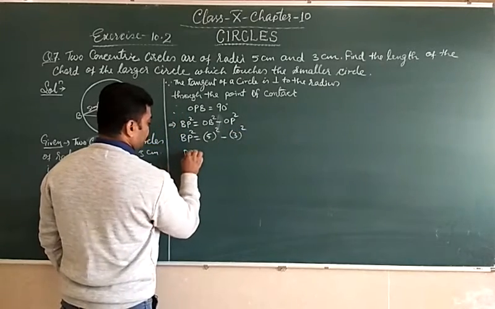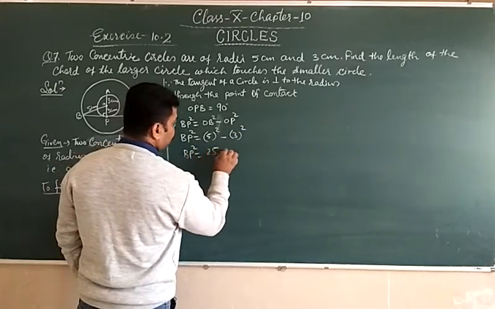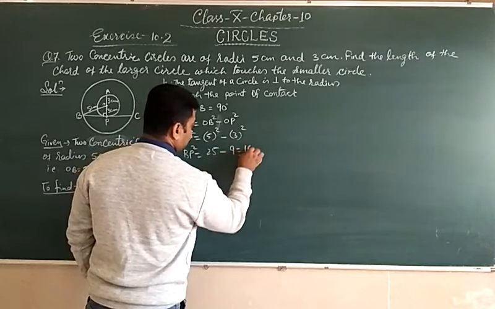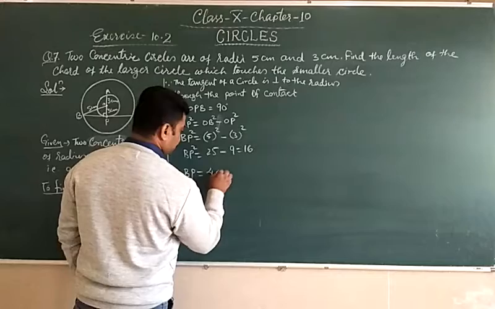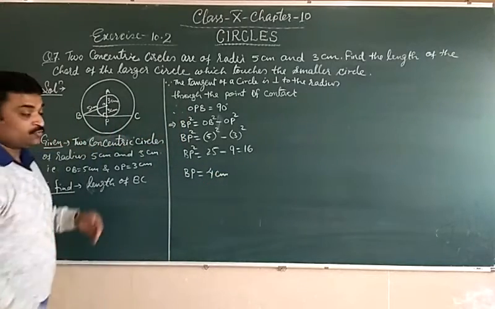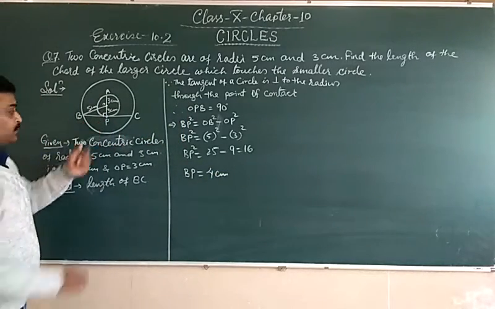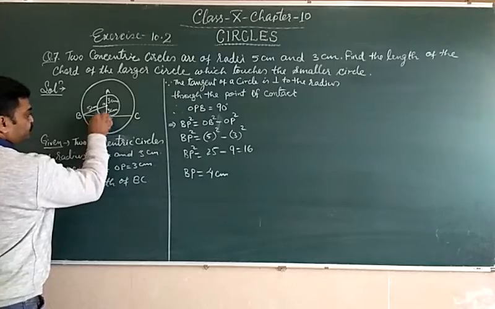So BP square is equal to 25 minus 9 equal to 16. This implies BP is equal to 4 centimeter.